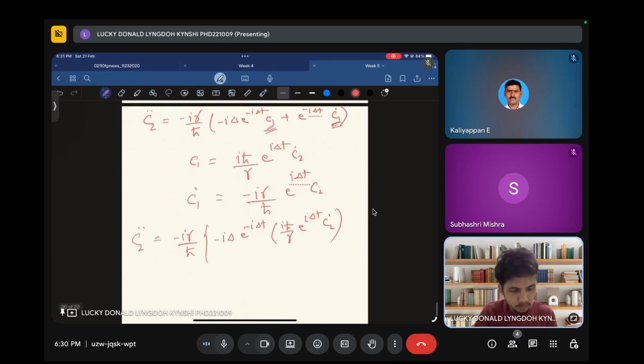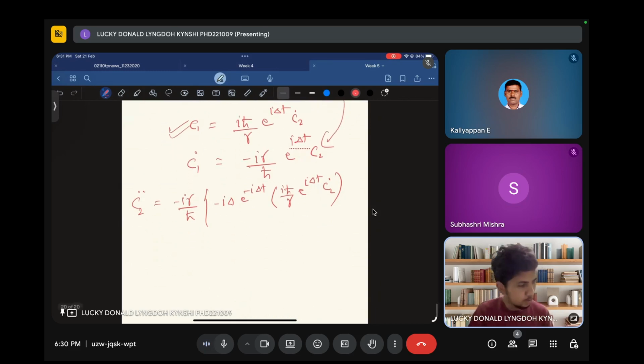And instead of c1 dot, you substitute minus i gamma by h cross e to the power of i delta t c2.